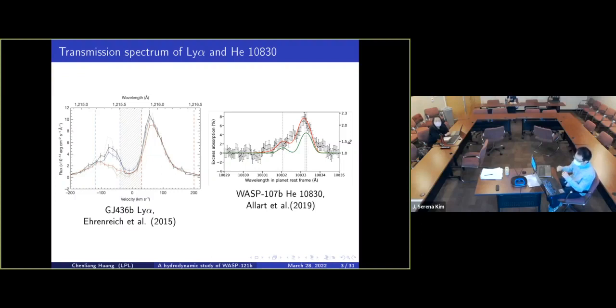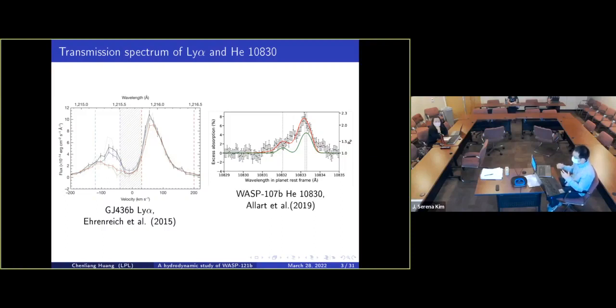But for the atomic features, we have much larger scale height and it blocks a much larger fraction of the light. So it's possible for us to use high resolution transmission spectra to study individual transit line profiles and then construct the model for the whole atmosphere. Also the upper atmosphere is really non-LTE and non-isothermal. So modeling the upper atmosphere is quite different from the lower atmosphere.